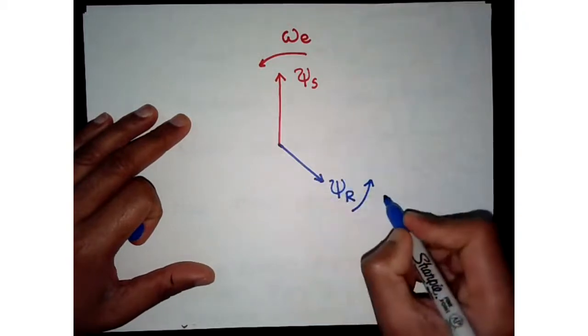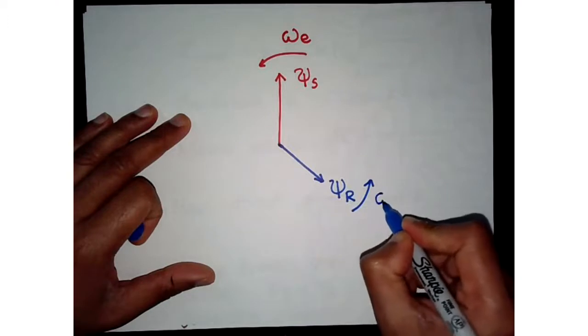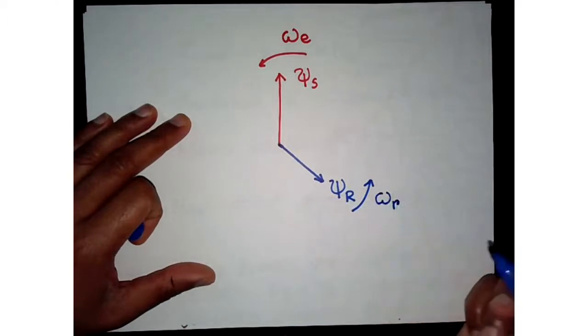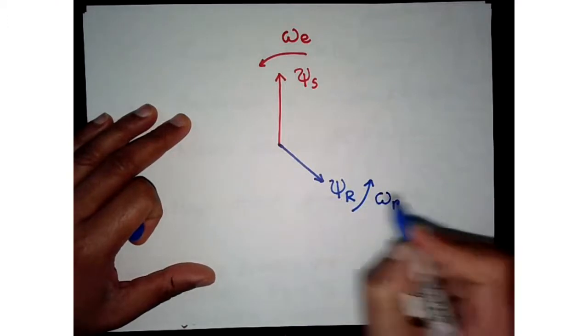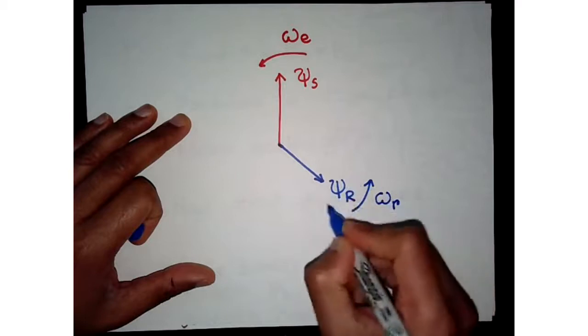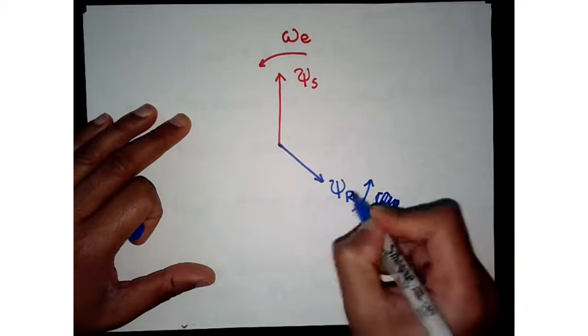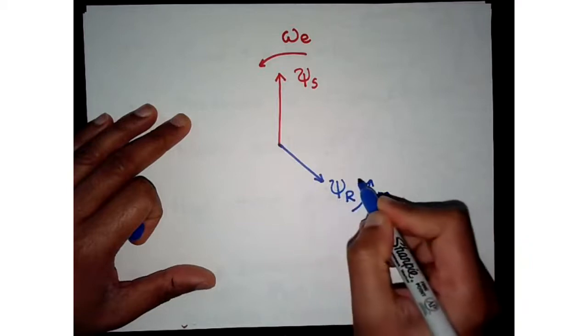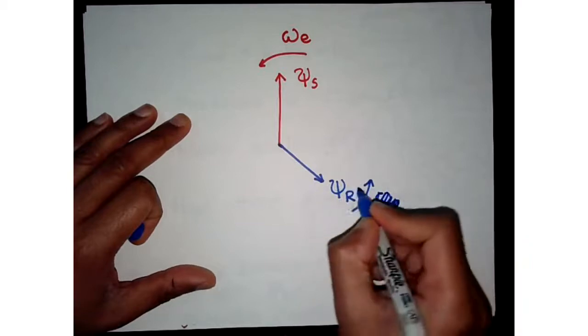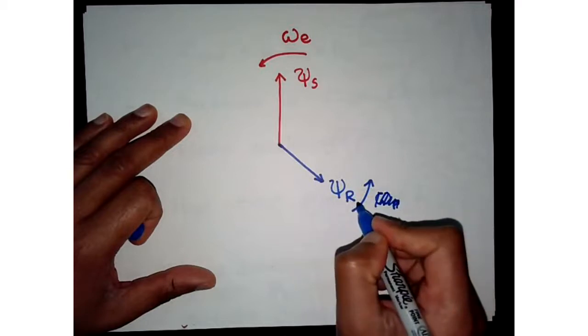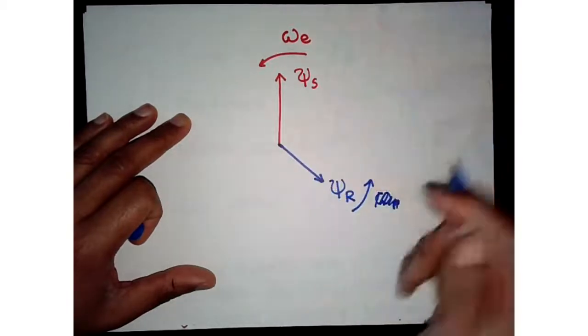Okay, so if our rotor is rotating at omega r, then the rotor field is based on the difference.